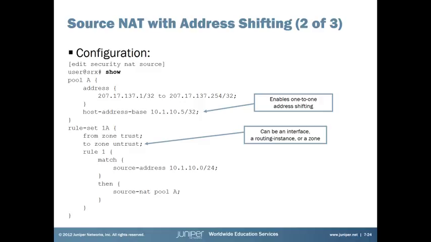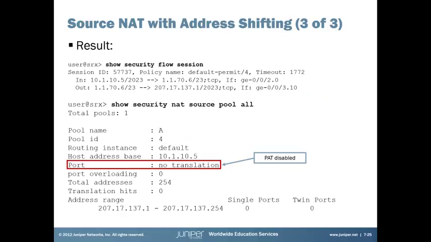And the rule is match source address, then source NAT pool A. And the result, notice that we're not doing patting, no PAT, in that particular configuration.